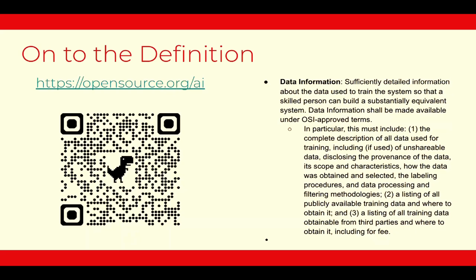They're trying to make a pragmatic choice that allows companies to make an open AI so long as they sufficiently describe the data so that you could take similar data obtained from different sources and hopefully come up with something similar. And that also feeds back into the substantially equivalent system, right?